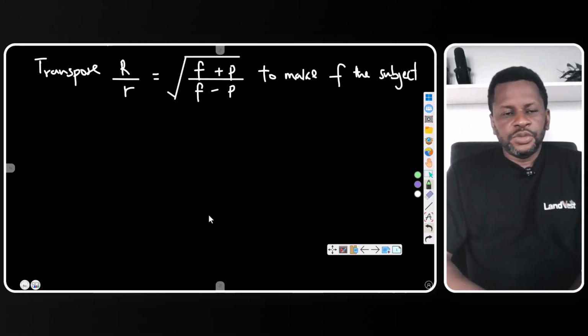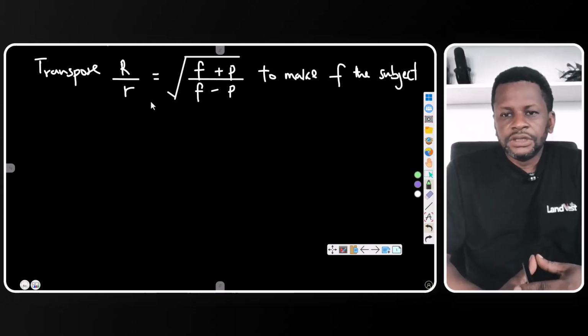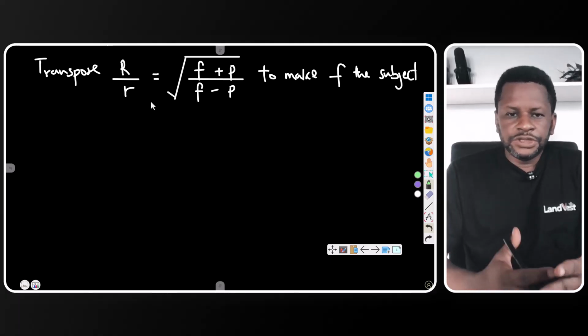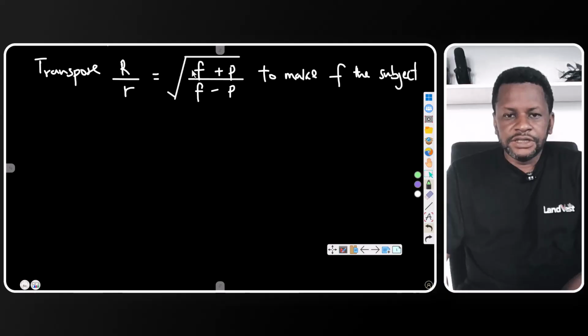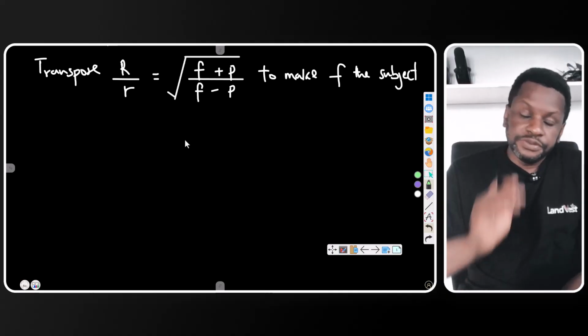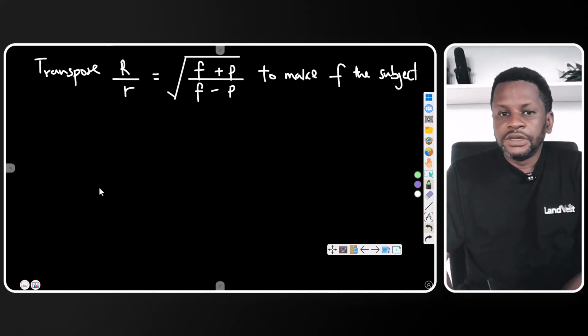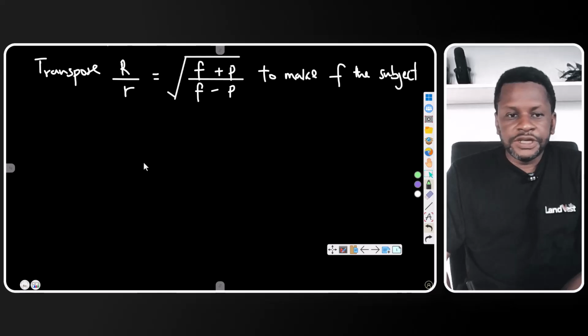Okay, again, we have this question. It's an equation, and we need to make f the subject. A closer look at it seems like there's f at the top and f at the bottom. To begin, I need to get rid of the square root sign here, and I can do that by squaring both sides.